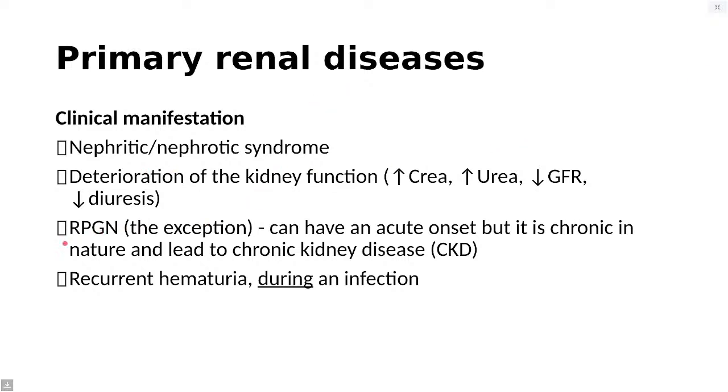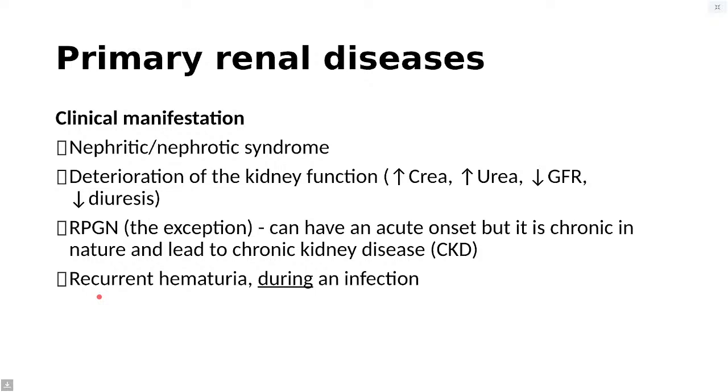Rapidly progressive glomerulonephritis is the exception: it can have an acute onset, but it is chronic in nature and leads to chronic kidney disease. This is the only exception among primary renal diseases.